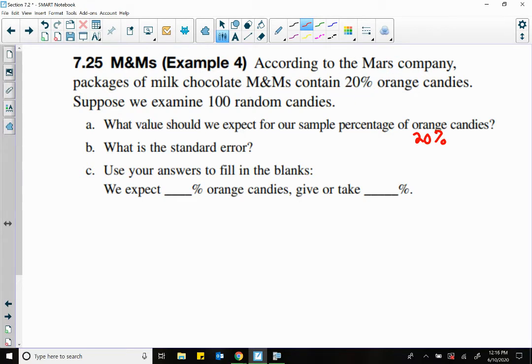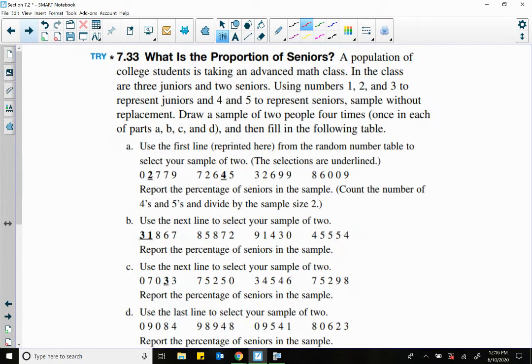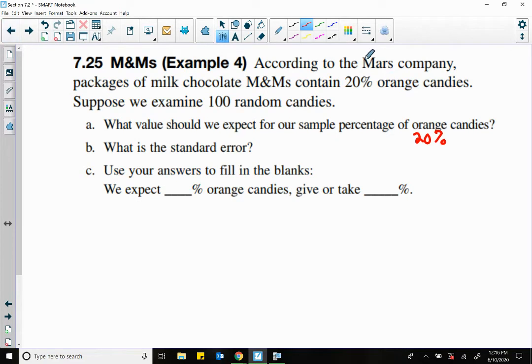So in our sample, we should expect nearly 20%. Just like over here, our population proportion was 50%, and this was close to 50%. So for our population proportion, which is this guy, we expect the same thing of our p hat.